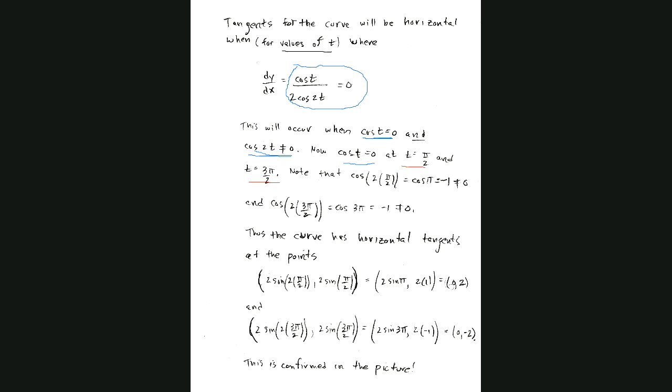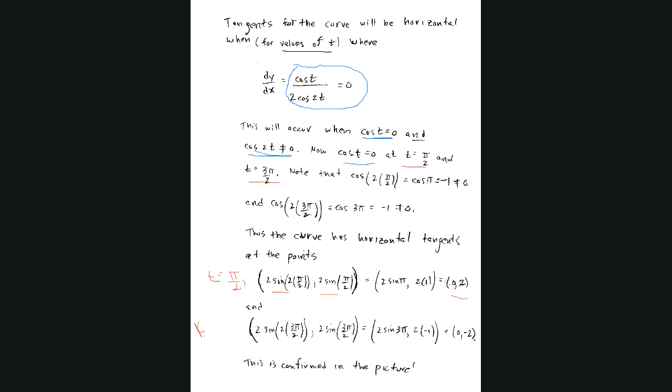So that means the curve is going to have horizontal tangents when t equals pi over 2. When t equals pi over 2, there will be a horizontal tangent at that point. And if we put t equals pi over 2 into the parametric equations, we'll get out 0, 2.